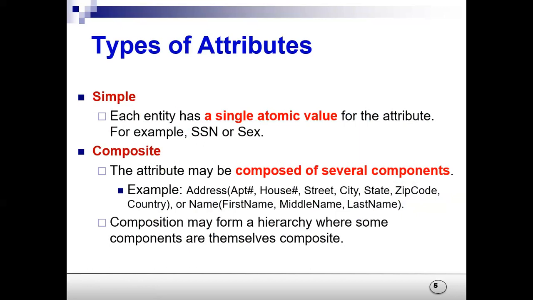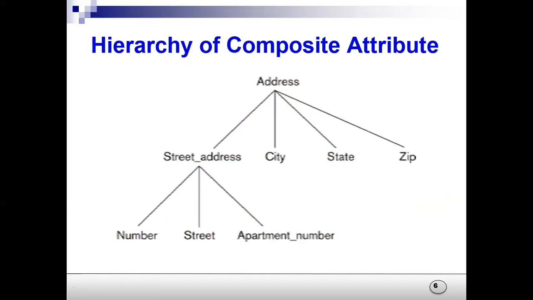Again, composition may form a hierarchy where some components are themselves composites. So some part of the composite attribute can itself also be composite. Let me give you an example. Address can be broken down into street address, city, state, and zip.